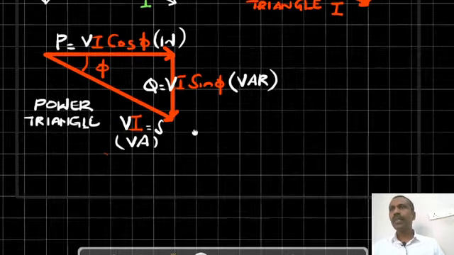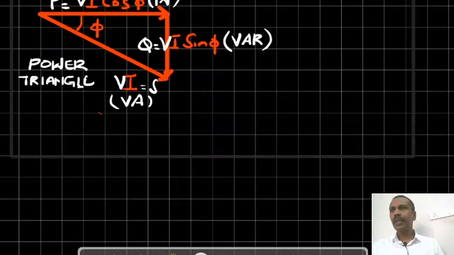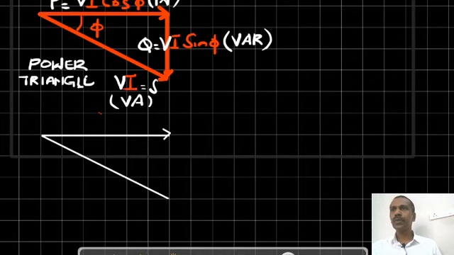Now this power triangle can be represented in the simplest form. Let me draw this power triangle once again. This angle is phi.